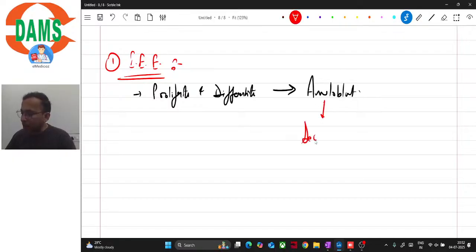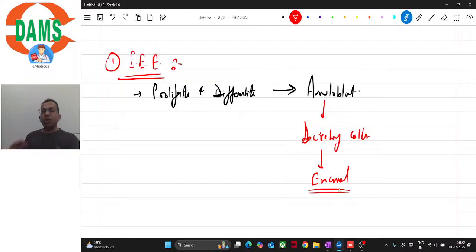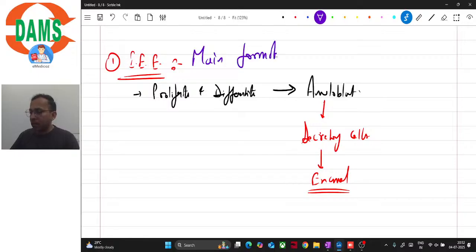These are the secretory cells which will form enamel, isn't it? So the role of inner enamel epithelial cells is very important. It is the main formative cell, right?